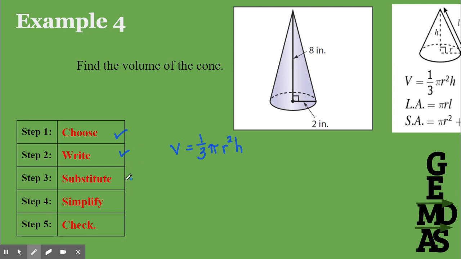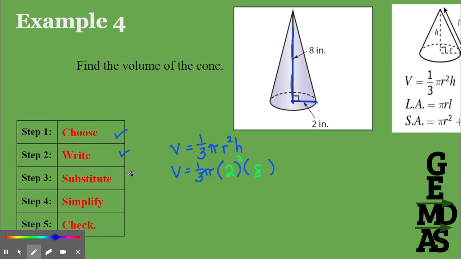Choose right. Now we're going to substitute. Volume equals 1/3 pi. And in this case, we're given the radius and the height. So the radius is 2 squared, and the height is 8.